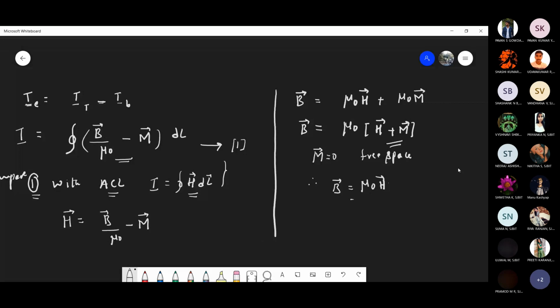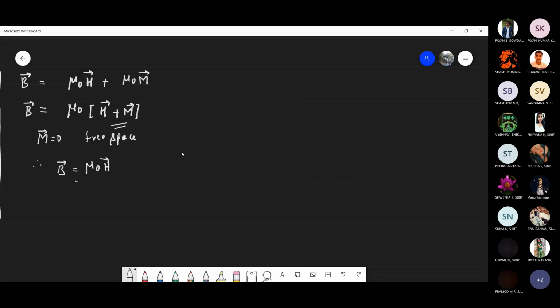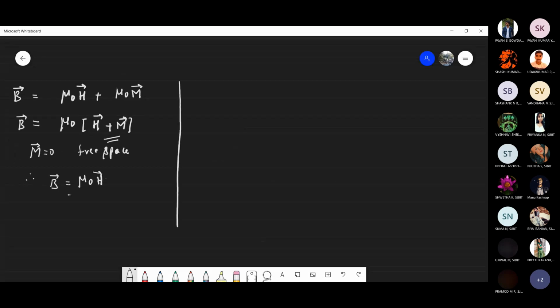So if I want to extend this, what is the equation for magnetization in terms of susceptibility? Magnetization is equal to susceptibility of any given material, I call it psi M, into H. What is the susceptibility equation? Susceptibility was equal to magnetization over magnetic field. So magnetization is equal to psi M H, where psi is nothing but magnetic susceptibility.